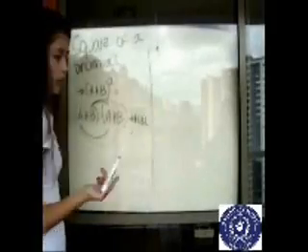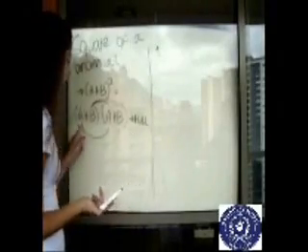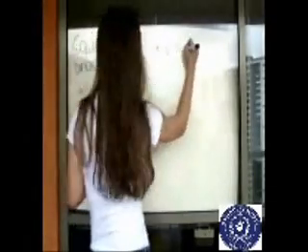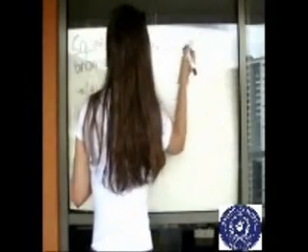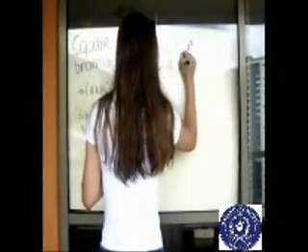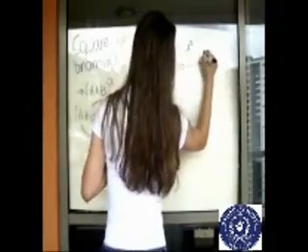So, after you FOIL, you have to write down the thing you did. So, A times A equals A to the power of 2. The second multiplication is A times B, which is AB.